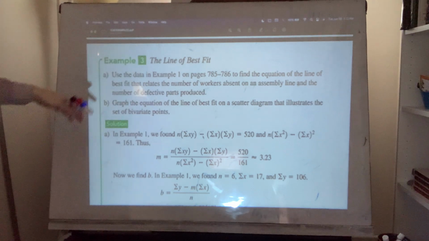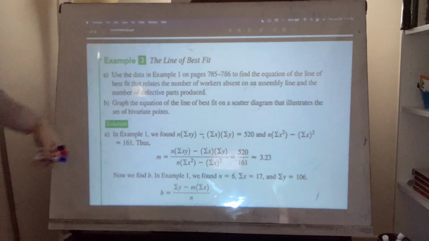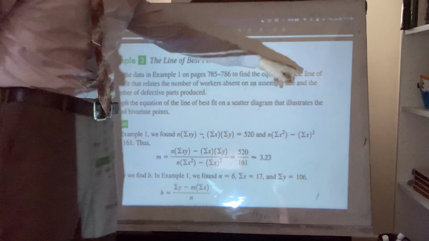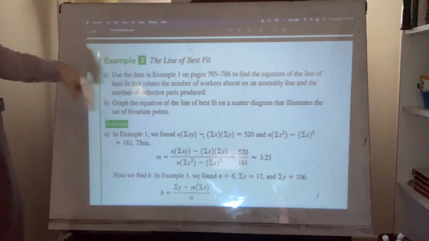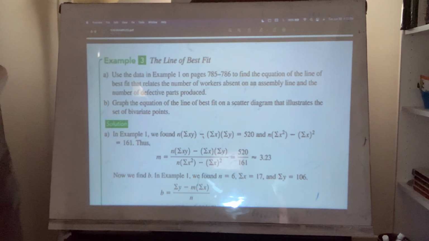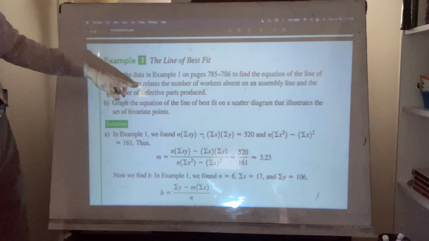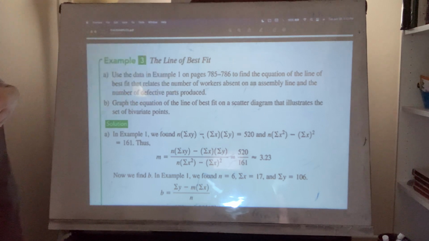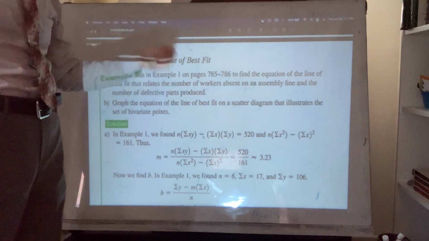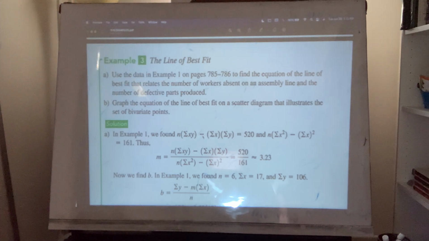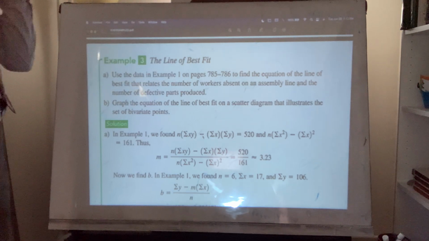For example 3, we're going to use the data from example 1 to find the equation of a line of best fit that relates the number of workers absent on an assembly line and the number of defective parts produced. Then we would graph the equation of the line of best fit on a scatter diagram that illustrates the set of bivariate points.